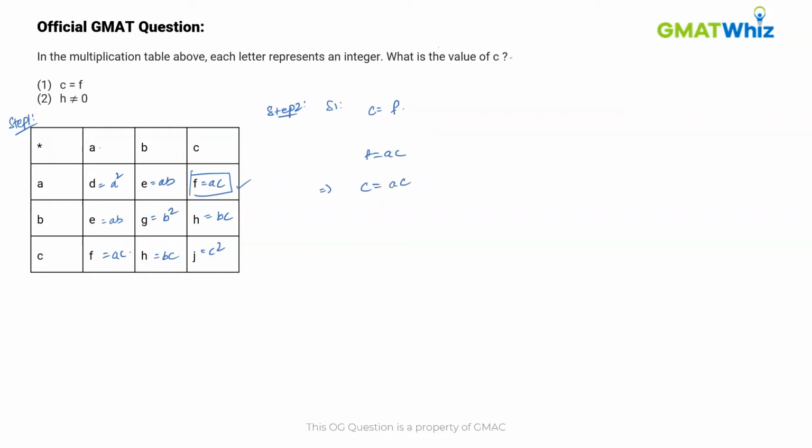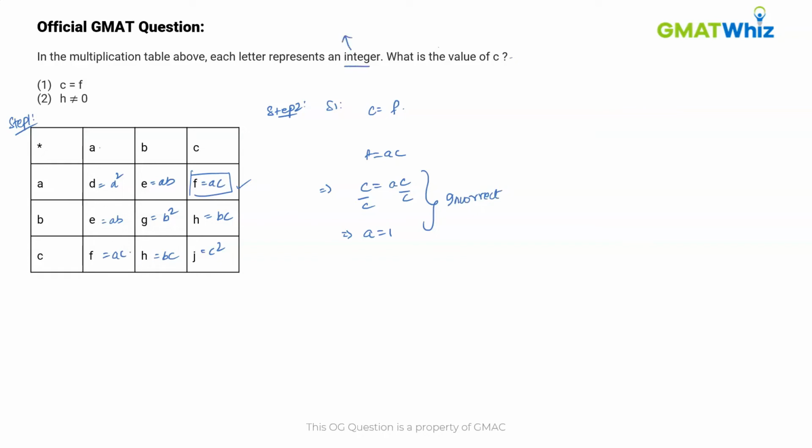Now, there is one mistake that many of you might end up making here, which is dividing both sides by C and getting the value of A as 1. Now, this process is incorrect, as in the question, we are just told that each letter is an integer.